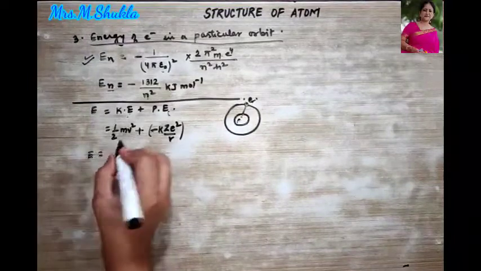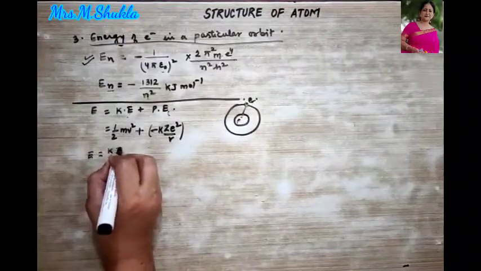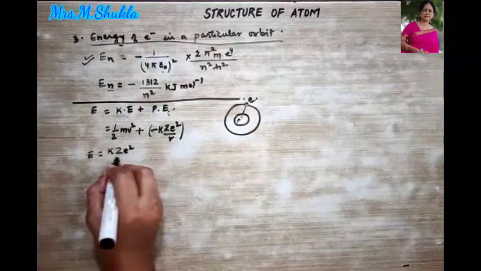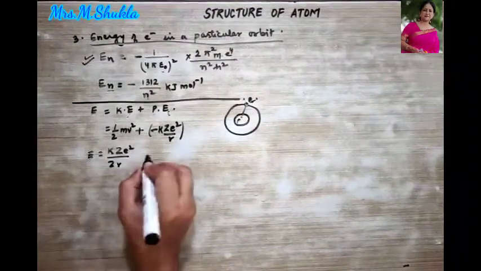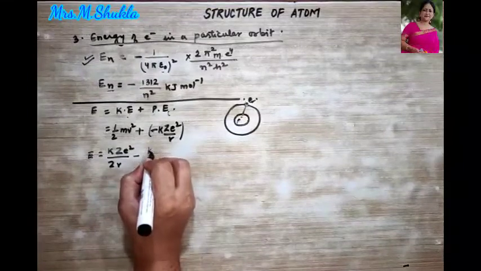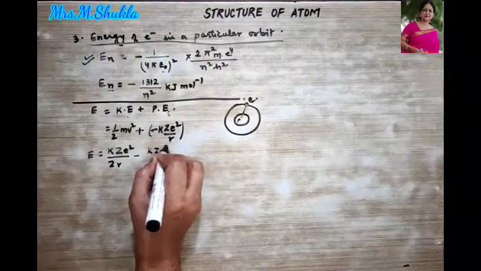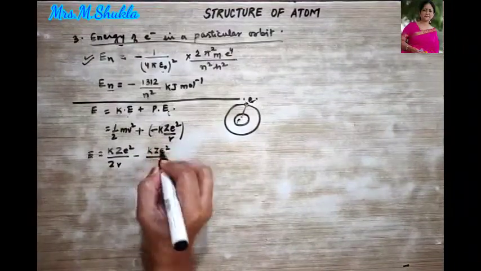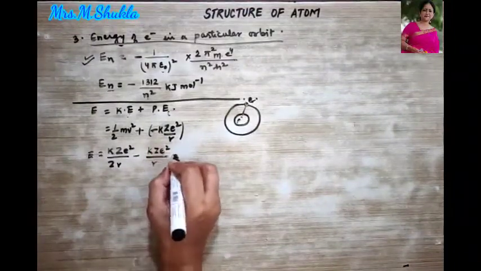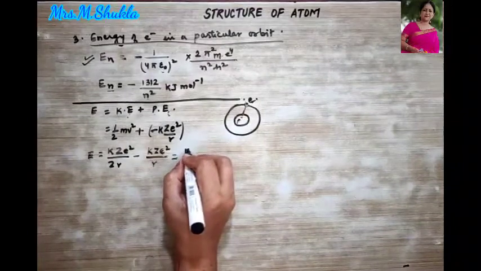E is equal to K Z E square upon 2R minus K Z E square upon R. This is equal to what?